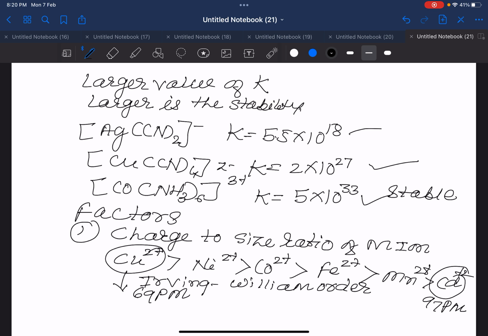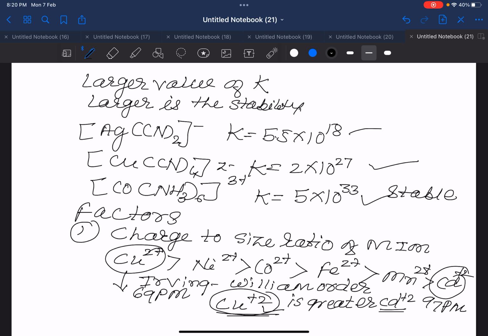The charge to size ratio of the Cu plus 2 is greater than Cd plus 2. Therefore, Cu plus 2 forms a more stable complex than this Cd plus 2.